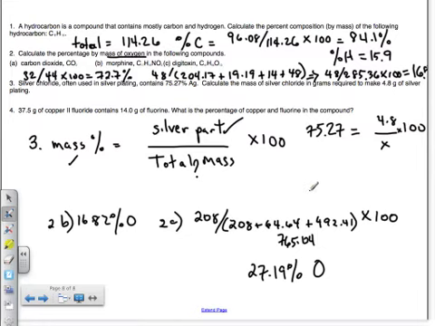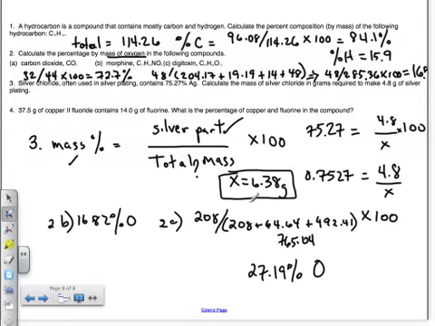If I take the 100 to the other side, 0.7527 equals 4.8 over x. Cross multiply and divide, and essentially you're going to take 4.8 and divide by 0.7527. And you get 6.38 grams for 3. So write down the expression and then start checking off the things you know.